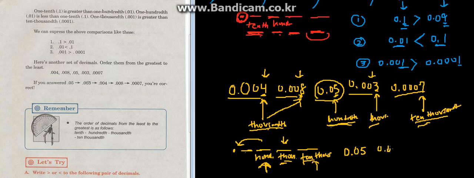So we write 8/1,000 is the biggest, and then comes 4/1,000, because 4 is bigger than 3. Then 3/1,000, and then the last number, the smallest, will be 7/10,000, because it has its digit 7 in the 10,000th place.